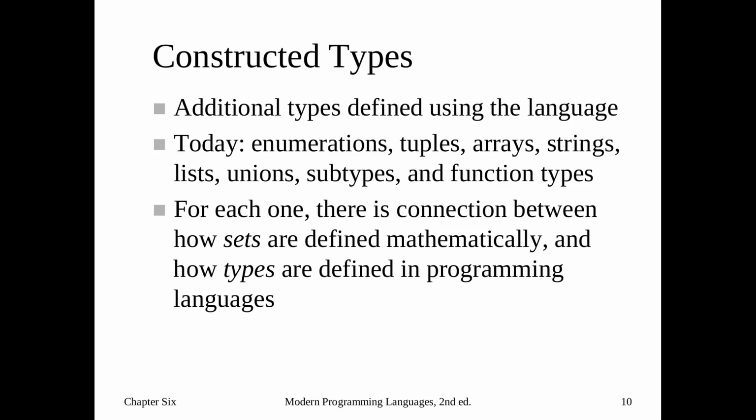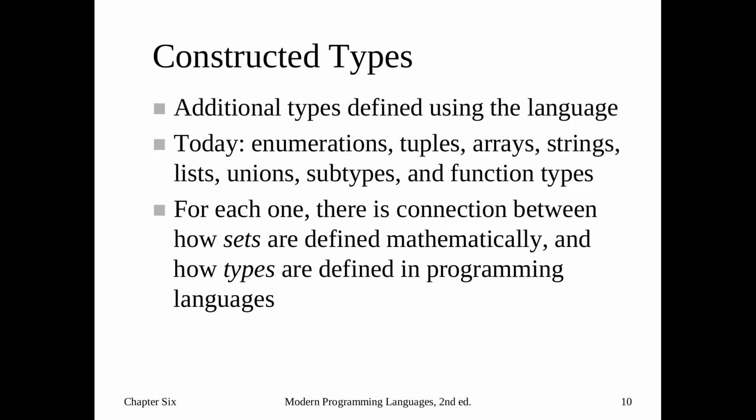I think last time I looked at Java 8, there were over 7,000 classes, so extra types built into the language that come straight with the standard Java development kit. In other places, the library may be larger or smaller, but they typically have data structures like enumerations, tuples, arrays, strings, lists, unions, subtypes, and function types derived therein.